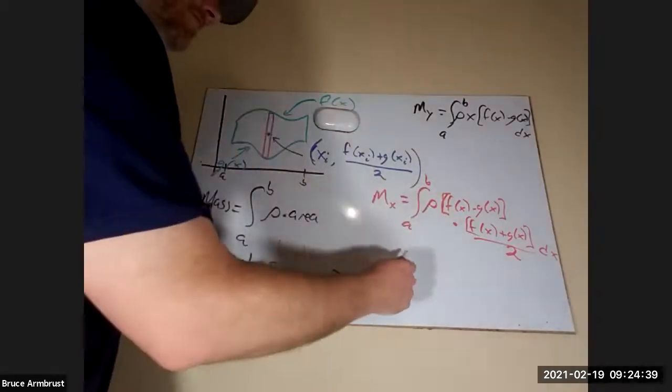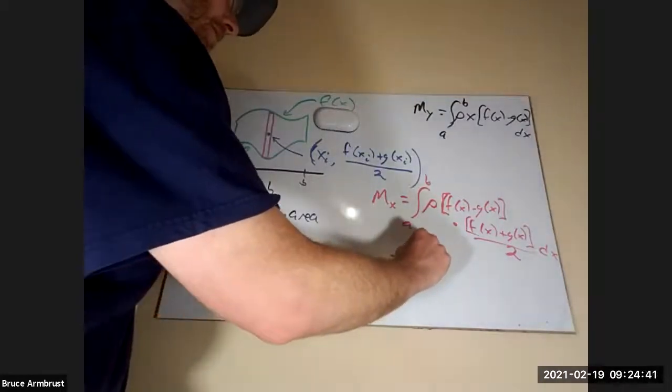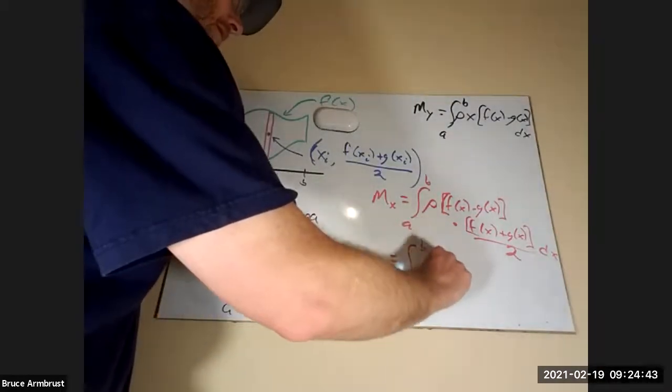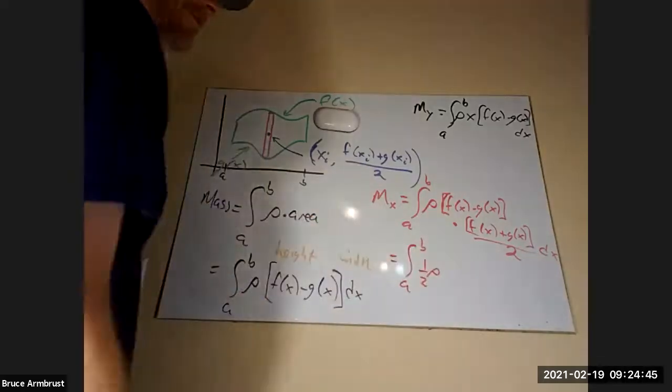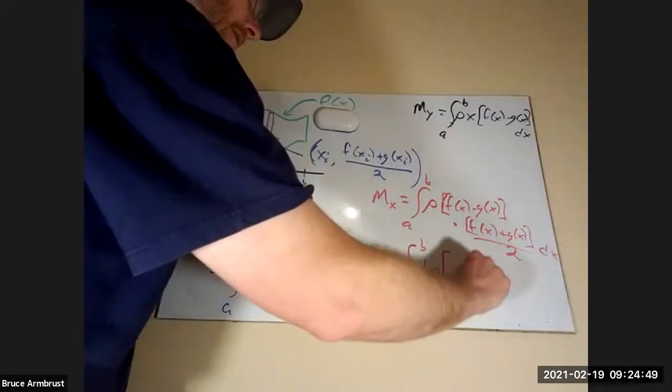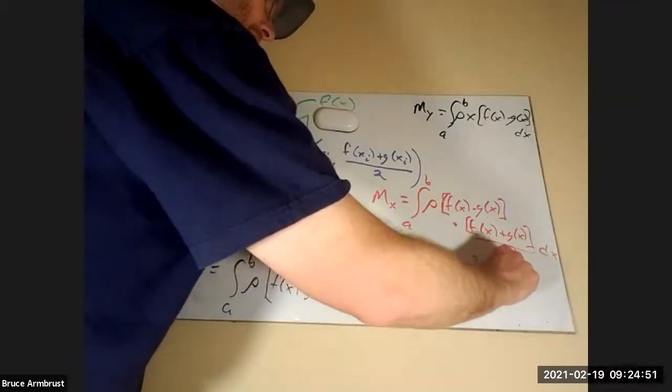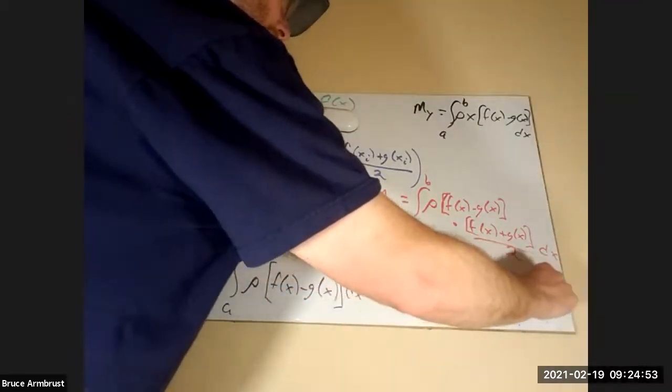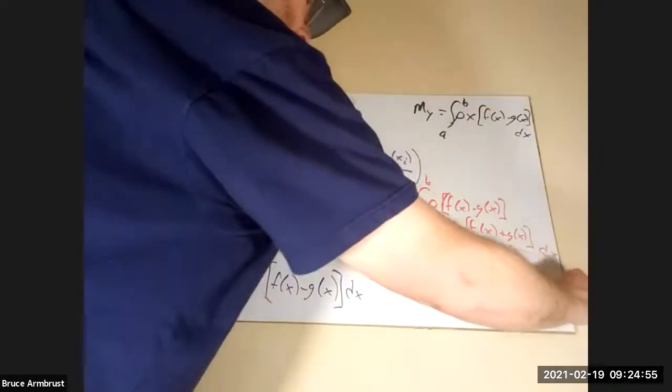So we're going to do a little bit of algebra. If we distribute, we're going to get the 1/2 rho, but then the others are a difference of squares. So we get f of x squared minus g of x squared.